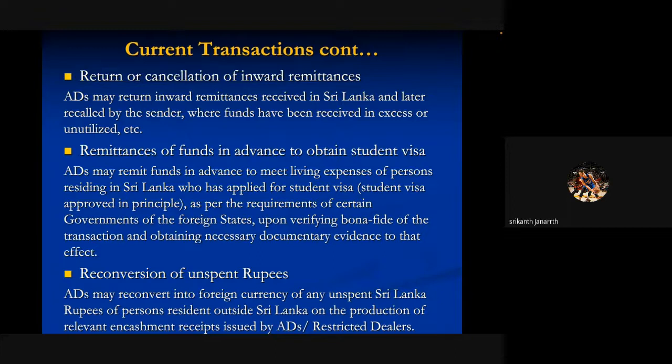Generally you tell that particular person to go to the same place to reconvert. That is better. Suppose the People's Bank has encashed it, it's better to go to the People's Bank to reconvert because they have the records, right? It is recommended, but there is no hard and fast rule. It is not only done by People's Bank. Other banks can do it after verifying the document.